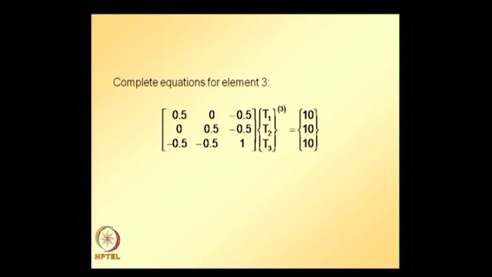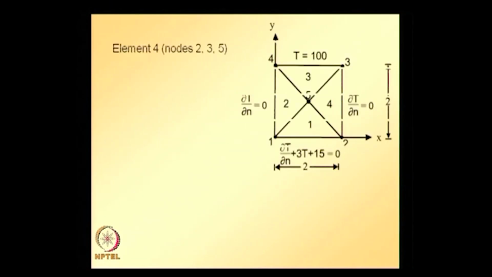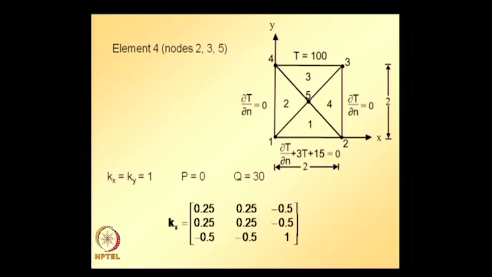So, now let us go to element 4, identifying local node 1 as global node 2, local node 2 as global node 3, local node 3 as global node 5, and the rest of the information similar to the other 3 elements.